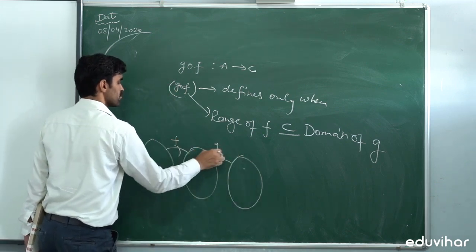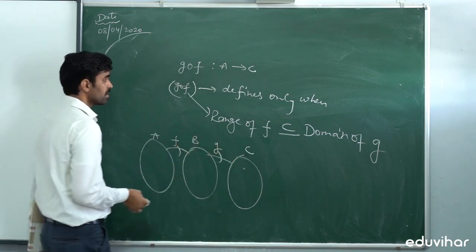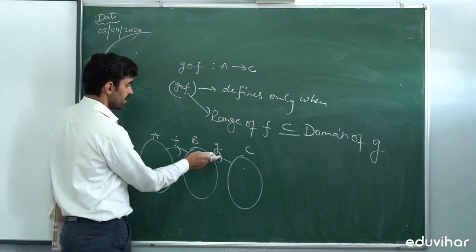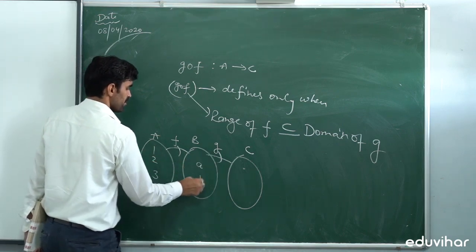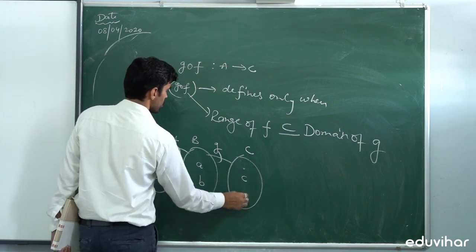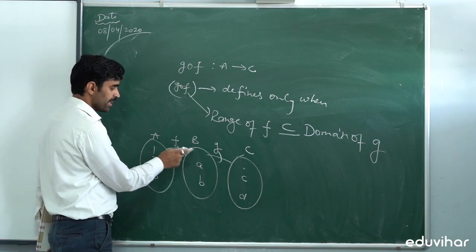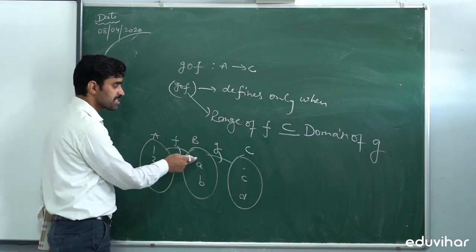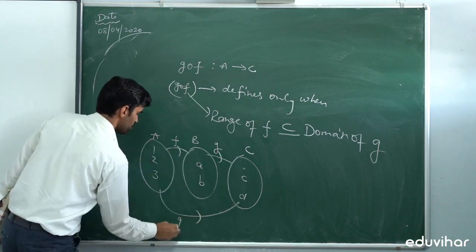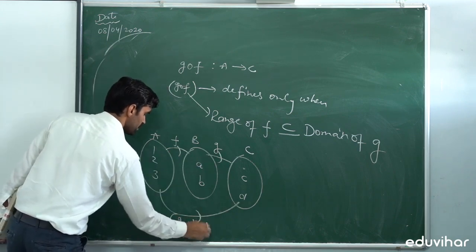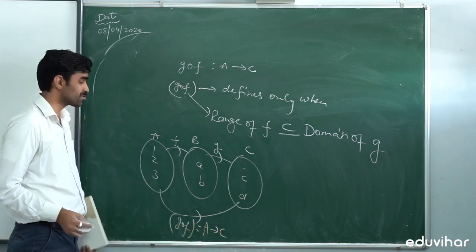Here f, g, A, B, C. Here consider 1, 2, 3, then a, b, and here c, d. The range of f must be in the domain of g. Here gof goes from set A to set C.